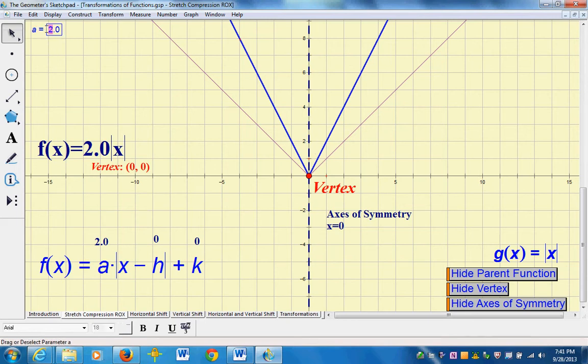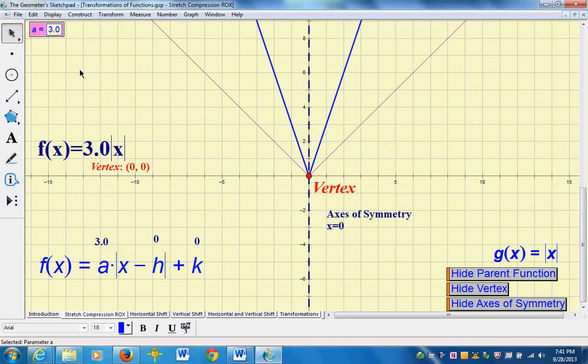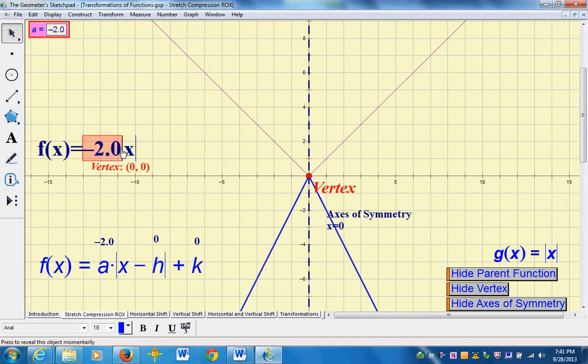Let's make it 3. My A is now 3. It's gotten even narrower. Let's make this -2. So now my A is -2, and my function has reflected over the x-axis.